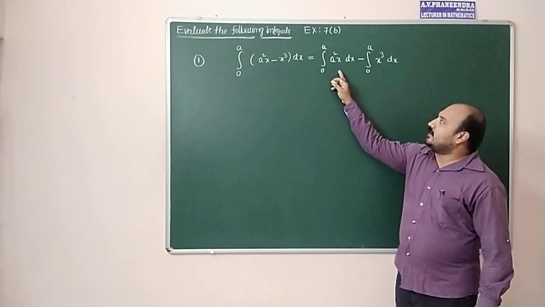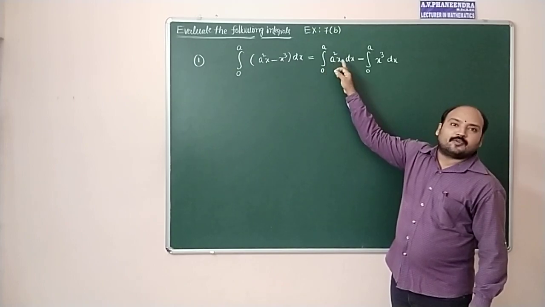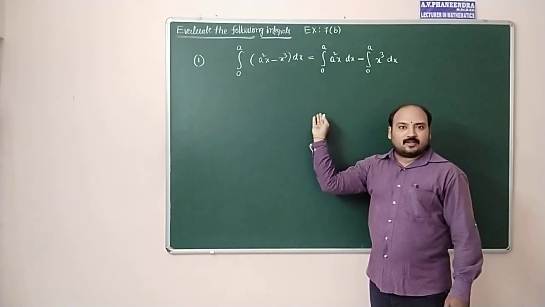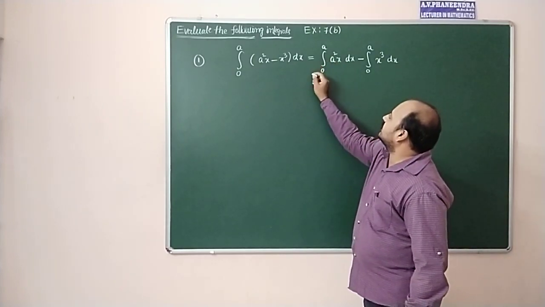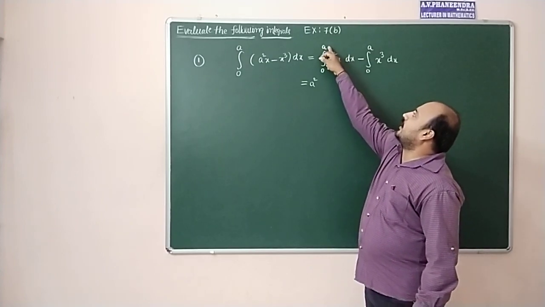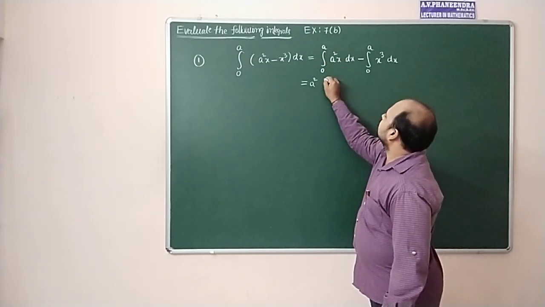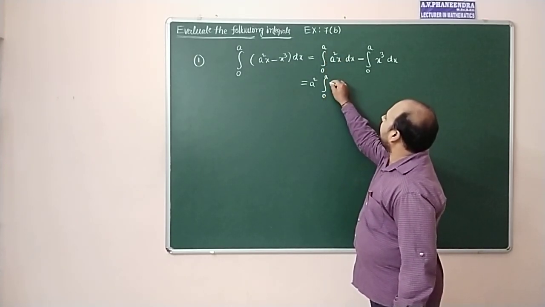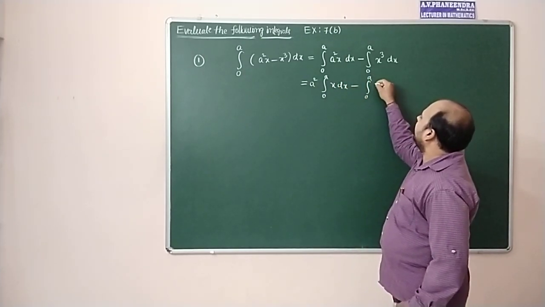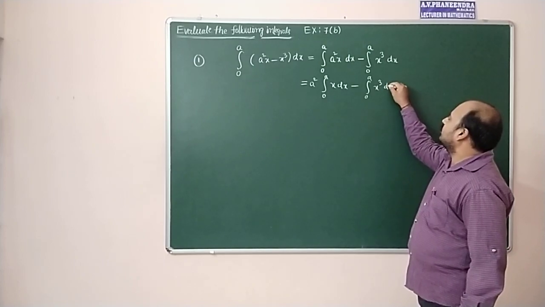While evaluating integrals, any constant into function, the constant you can take outside of the integral and then integrate the rest of the function. So a square is a constant you can take outside: a square integral 0 to a x dx minus integral 0 to a x power 3 dx.